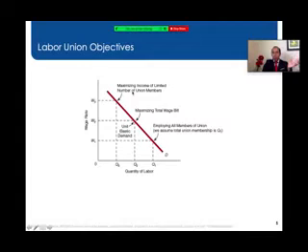If you want to be paid the highest wage, at $30 for example, the quantity of labor employed is going to be significantly small, closer to 0. A small number of union members are going to be paid a higher wage, but the demand for that labor at a higher wage is going to be a small quantity.